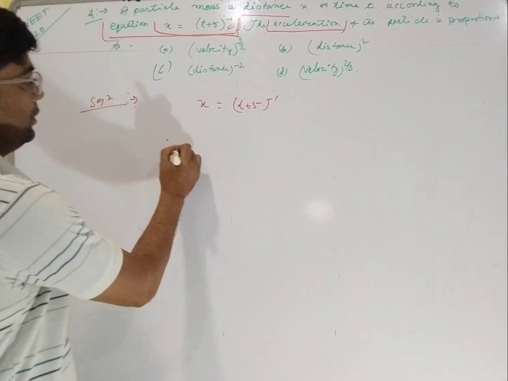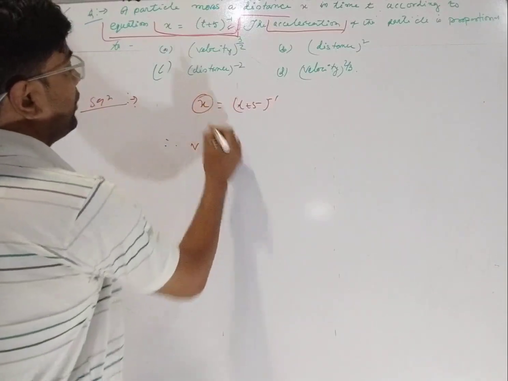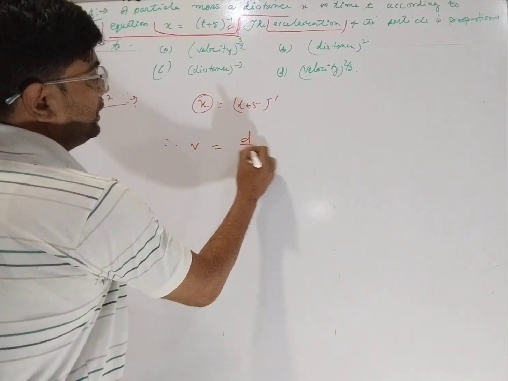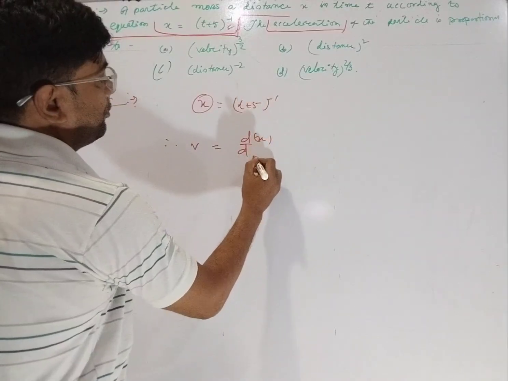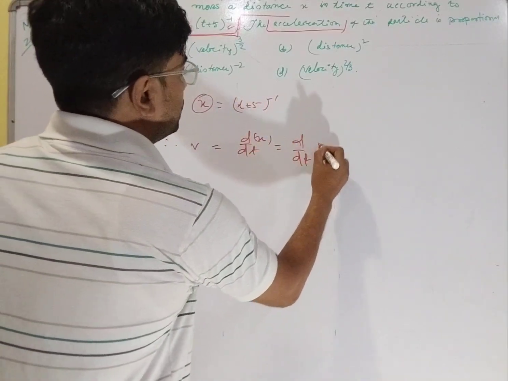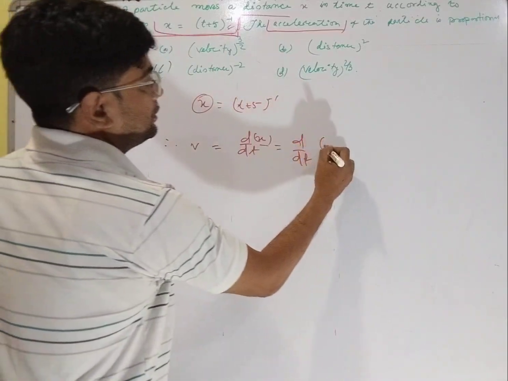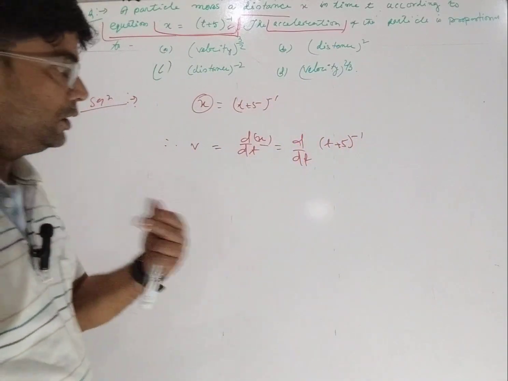Therefore, velocity v is equal to the differentiation of x with respect to t, where x is equal to (t + 5) to the power minus 1.